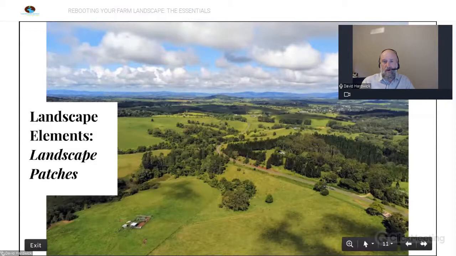So the tree line, the wet area, and the rocky outcrop, you probably have different kinds of management challenges, even though they're all in the same paddock, especially depending on what your outcome goals are for those different patches. If you want to keep the tree line healthy or maybe even add to it, you might want to keep the animals out of the wet patch with a fence, or keep them away from there at certain times of the year, etc. So your landscape, your property, is full of what we call landscape patches.